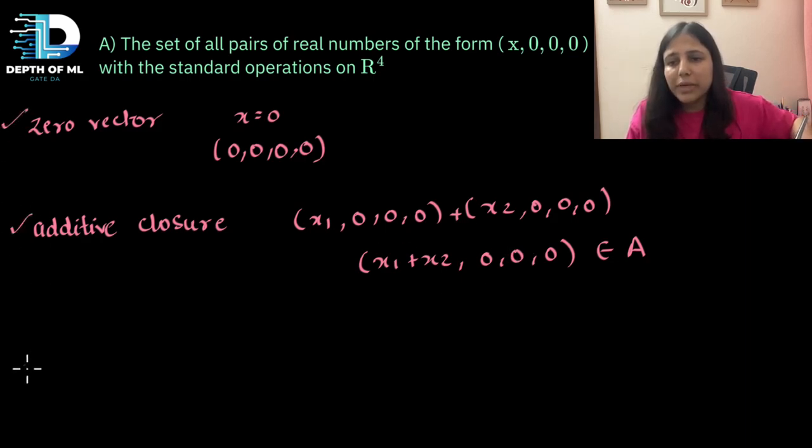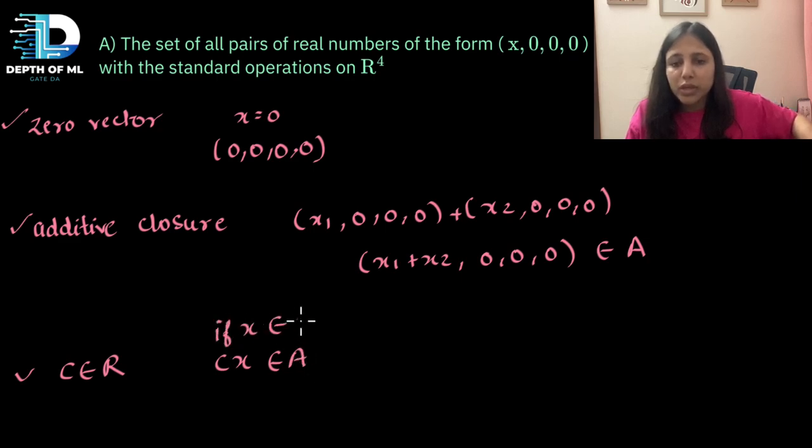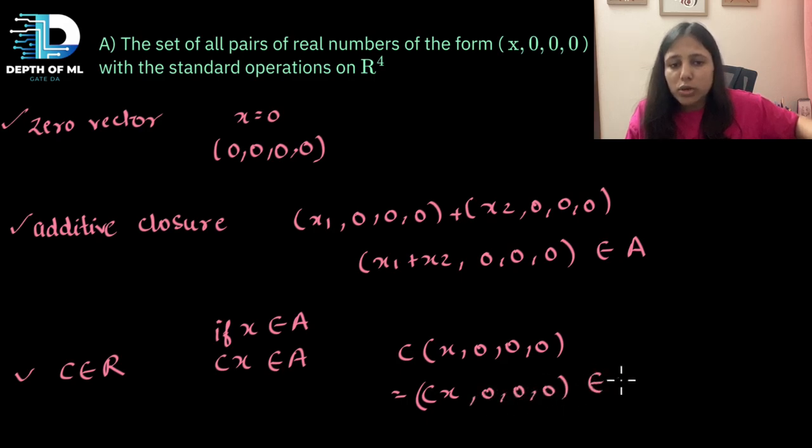Now I have to check for multiplicative closure. So it means that if c belongs to R, then cx should also belong to A if x belongs to A. So let me multiply this with this. So it is giving me (cx, 0, 0, 0). This also belongs to A because this is of this form. Hence this is a valid vector space.